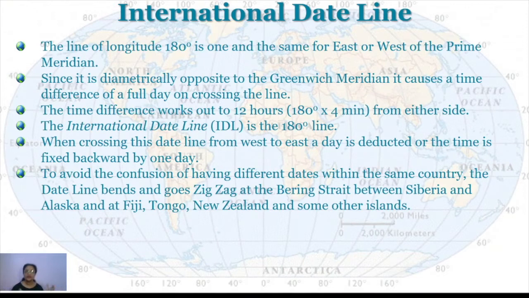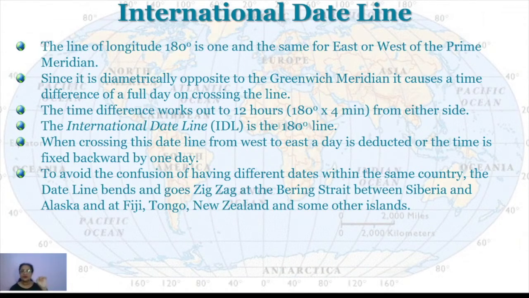Now, the 180-degree longitude is diametrically opposite to the Greenwich meridian, right? 0 degree is the Greenwich meridian, 180-degree is the international date line. That is, 180-degree east or west is called the international date line.